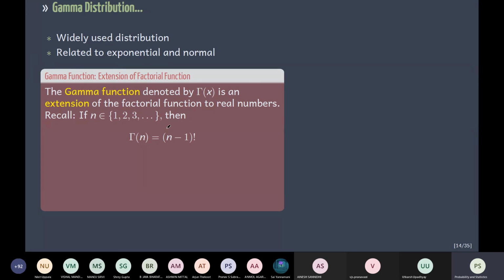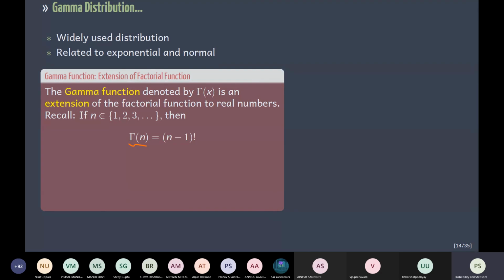Remember that. I did not write n factorial here. So gamma of n is n minus 1 factorial, and to get n factorial you should do gamma of n plus 1.